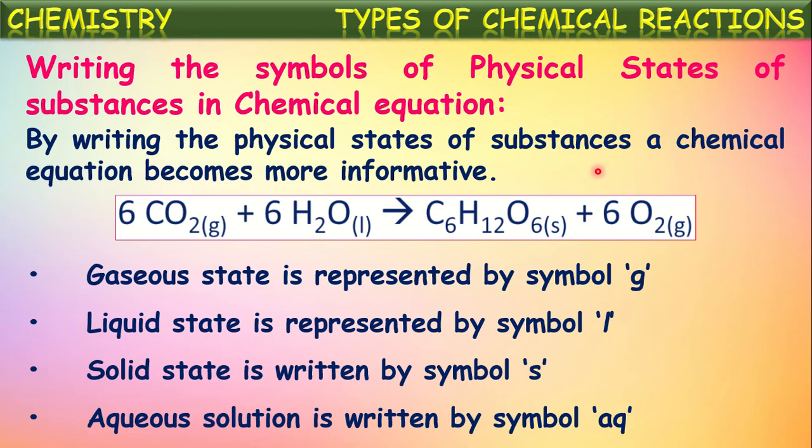Aqueous solution means the solvent in that solution is water. If such substances participate in a chemical reaction, their physical state is mentioned by using the symbol (aq) in brackets beside the molecular formula. In this way, the physical states of these substances are represented by these symbols.